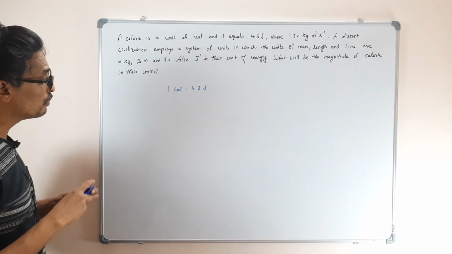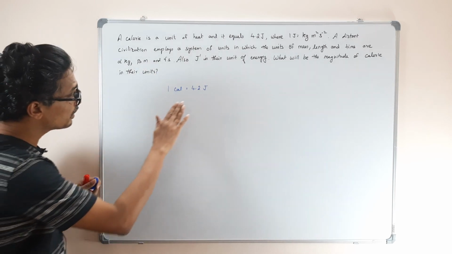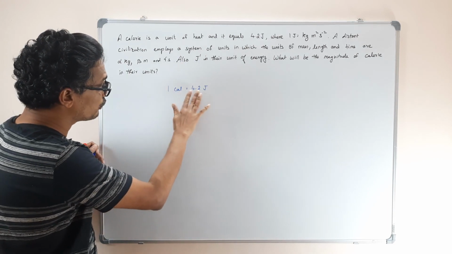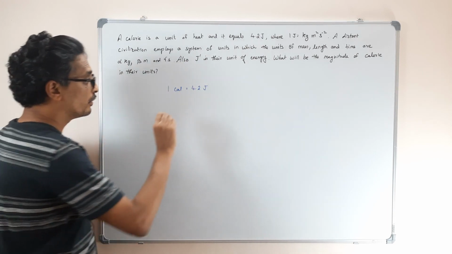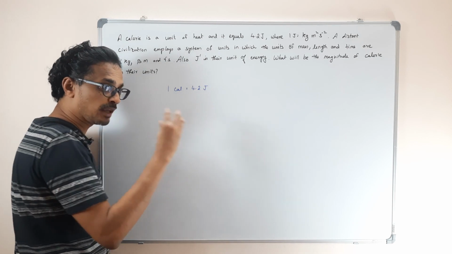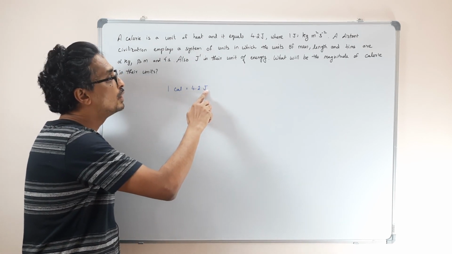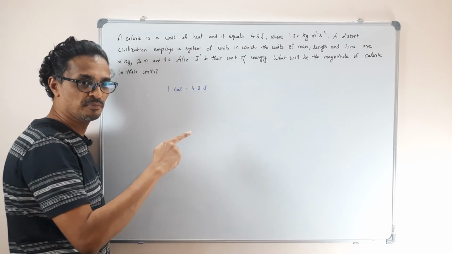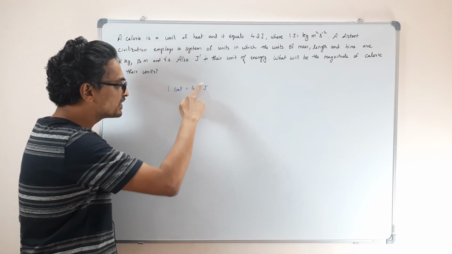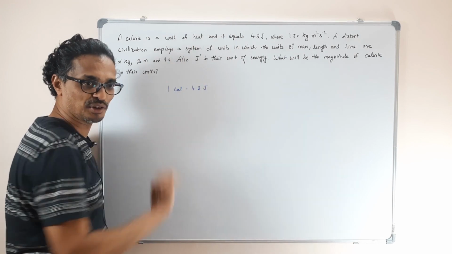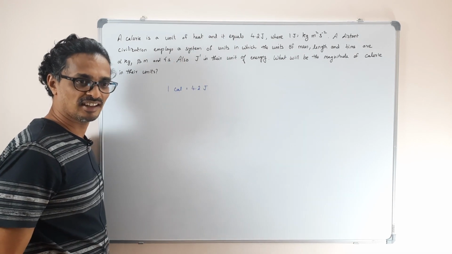So 1 calorie is 4.2 joules, and joule is the unit of energy in my SI units. If I am able to get a relation between this joule and this J prime, then all I have to do is replace this J with J prime in the calorie.